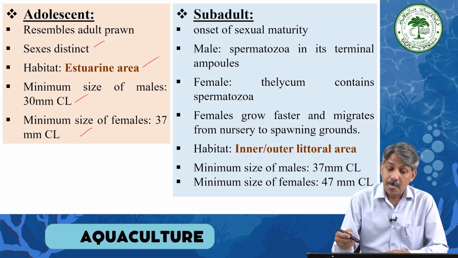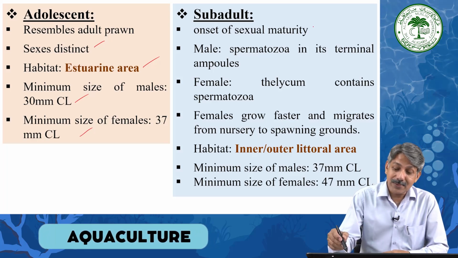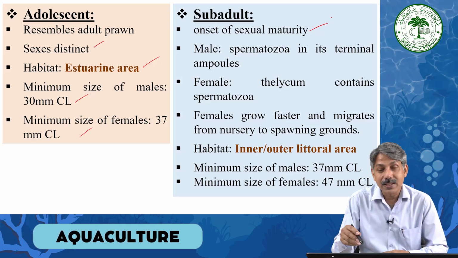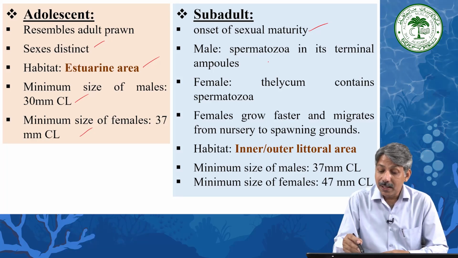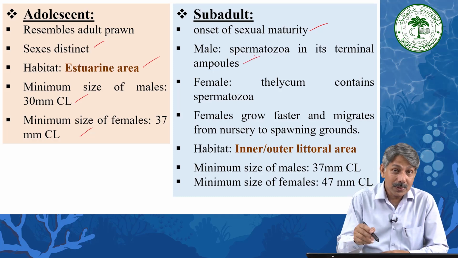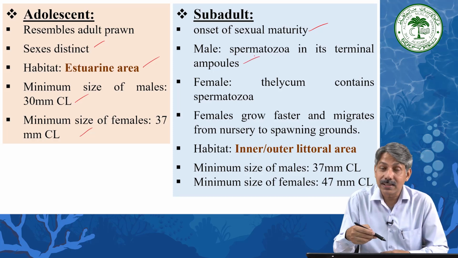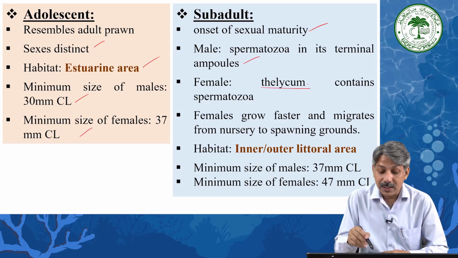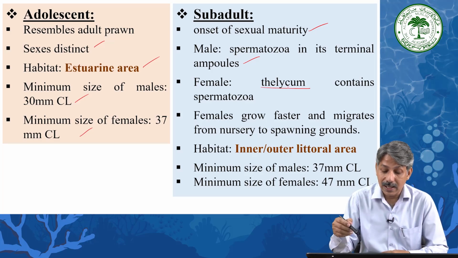Subadult stages. Here, in case of subadult stages, sexual maturity starts. Onset of sexual maturity: in males, spermatozoa in the terminal ampules. While characterizing the male and female, we discussed ampules. Then, in case of female, the thelycum contains spermatozoa. Spermatozoa from the ampules are transferred into the thelycum.